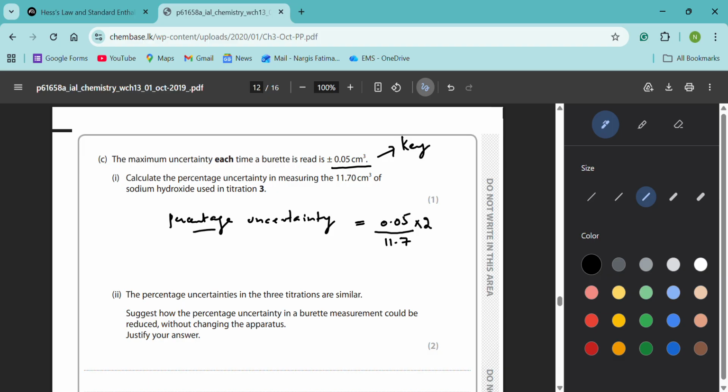And as it is percentage uncertainty, we will multiply this by 100. So the value of percentage uncertainty is basically 0.9%. And because it's percentage uncertainty, we can write plus minus 0.9%.